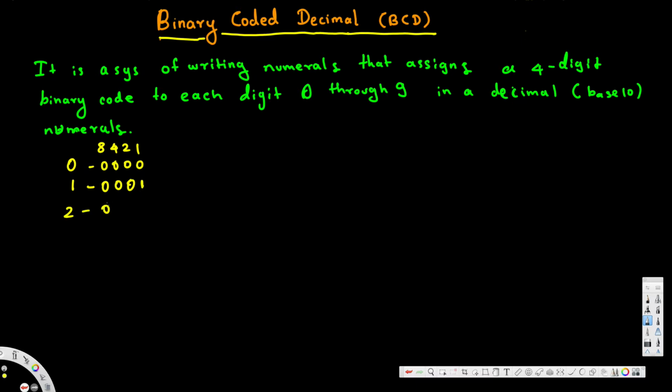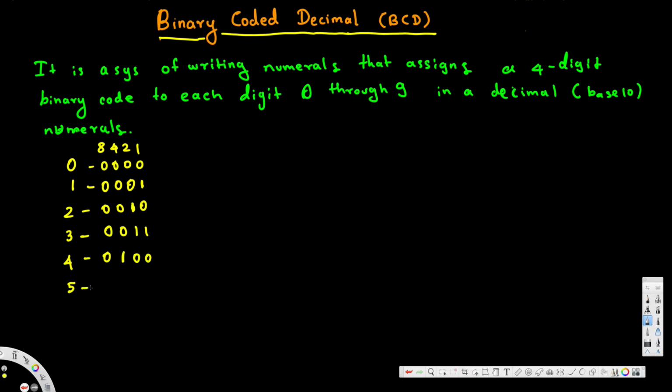And if it's 2, 0, 0, 1, 0, the second place has to have 1, and others have to be 0. So this is 2. For 3, we know we need a 2 and a 1, so 0, 0, 1, 1. And for 4, 0, 1, 0, 0, the 4 place is 1, others are 0.